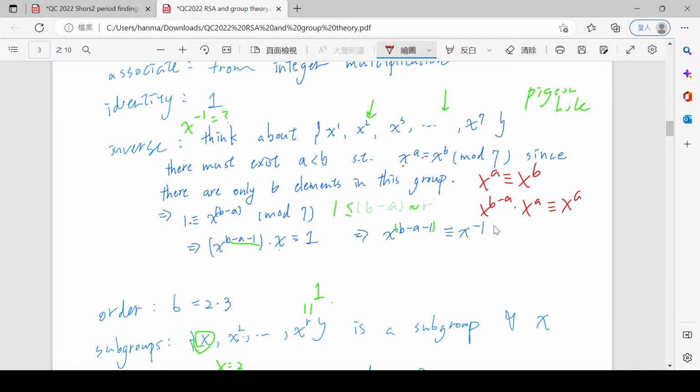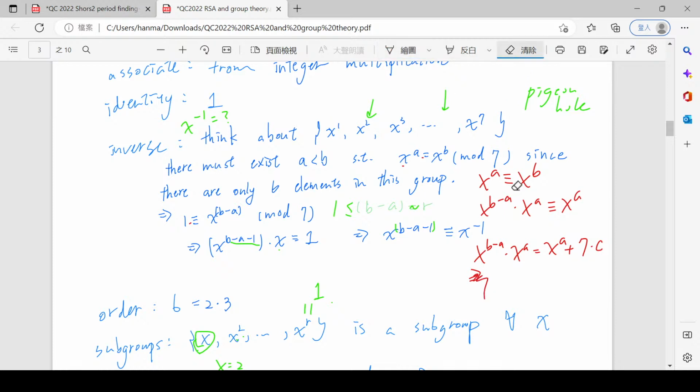So it is equal to 1 minus 7. Then we need to go back to integer. So x to the b minus a times x to the a equals x to the a plus 7 times some number c. Okay. Then we move things around.